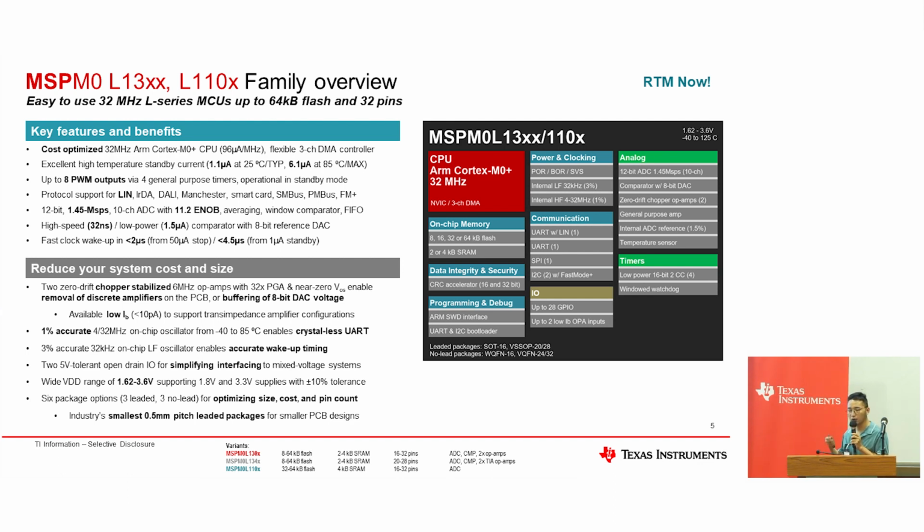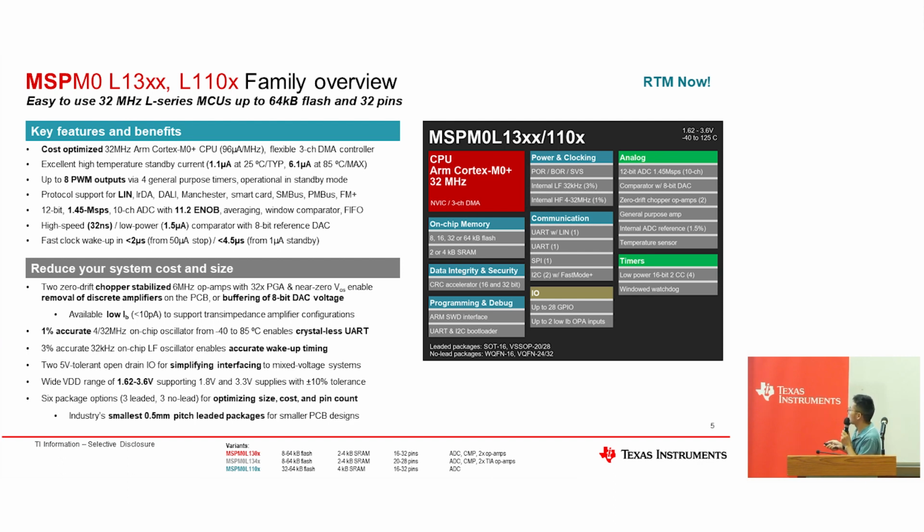It can be used not only as a normal UART, but also transformed into a LIN, IrDA or DALI interface, Manchester featured, and it can also be used for smart card detection. For the I2C module, you can use it as SMBus or PMBus. We can provide the PMBus and SMBus libraries that you can use here.